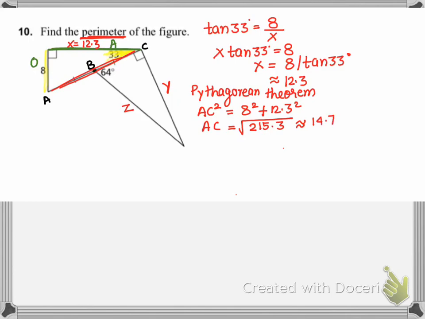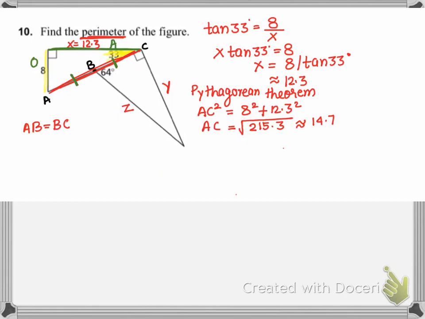So this whole thing is 14.7, but we already know that in the picture they give us this marking. It means the parts are congruent. So if the total AC is 14.7, then we're going to find out the values of the remaining parts here. So AB is BC. That's given already.